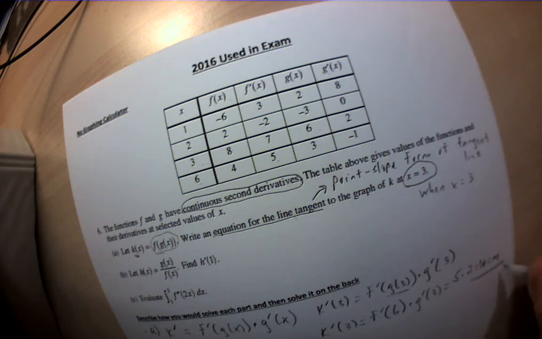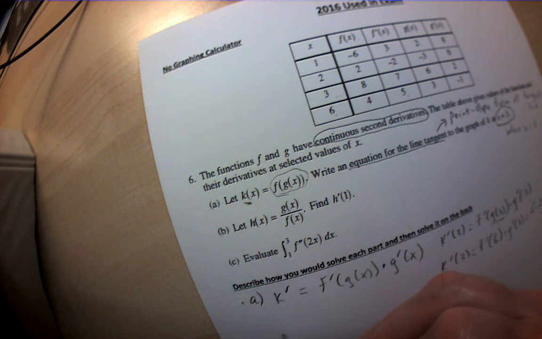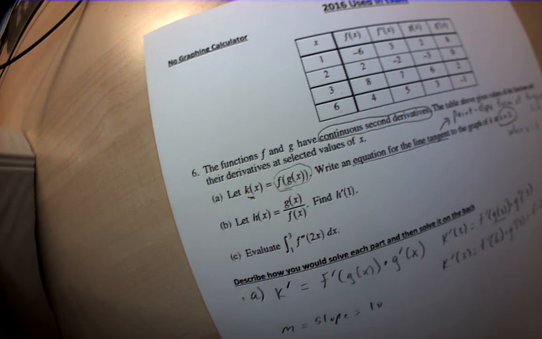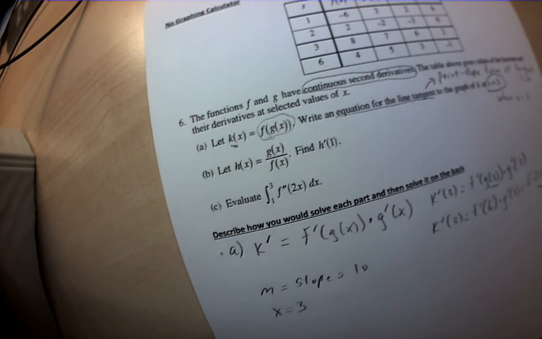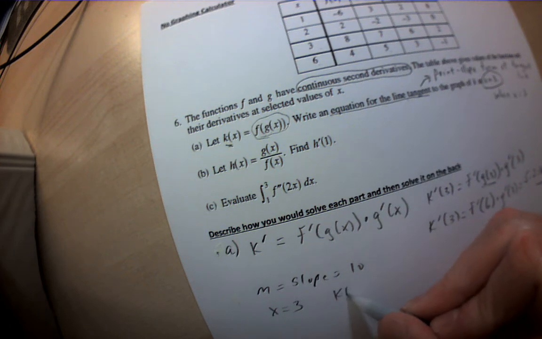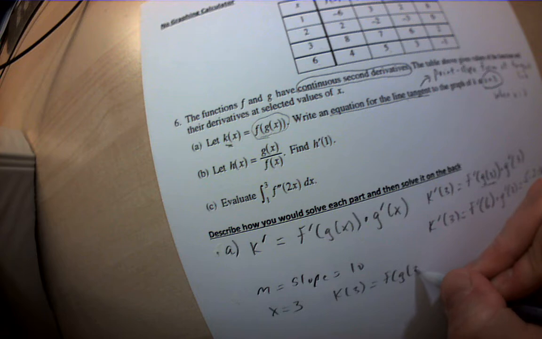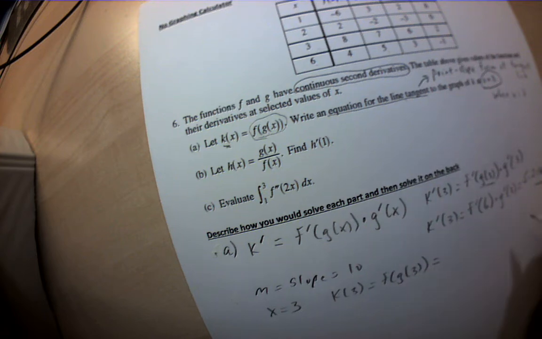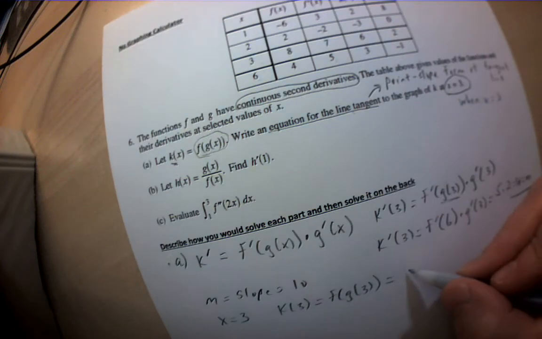So my slope is m. Okay? So I need point slope. So m, the slope, equals 10. And now the point. I know x equals 3. When x equals 3, what does k of 3 equal? Well, k of 3 is f of g of 3. G of 3 is 6.